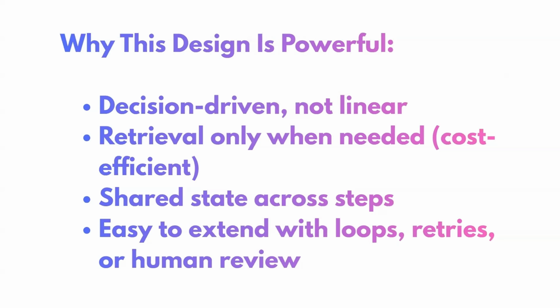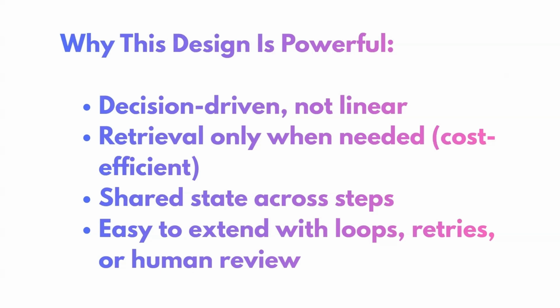Now, the second point is retrieval only when needed, which is cost efficient. The system fetches data only if the question actually needs it. This saves money, reduces API calls, and avoids unnecessary database searches, making the AI faster and cheaper to run.